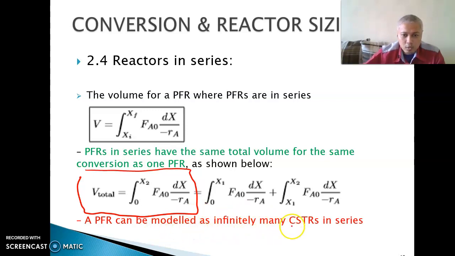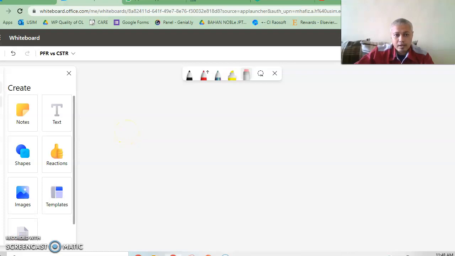I have shared with all of you the video regarding many CSTRs in series representing one PFR. How do we explain it in a diagram? We draw a diagram.